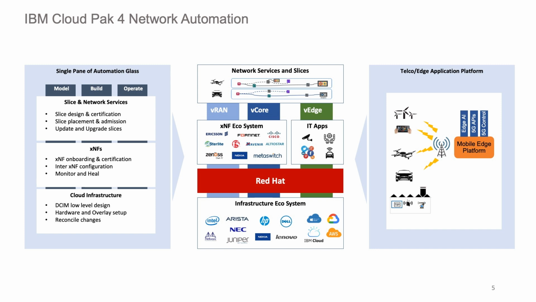But we have a set of tools that are very much following the model of a desired state of everything up and down the stack that you see in the middle of this picture.